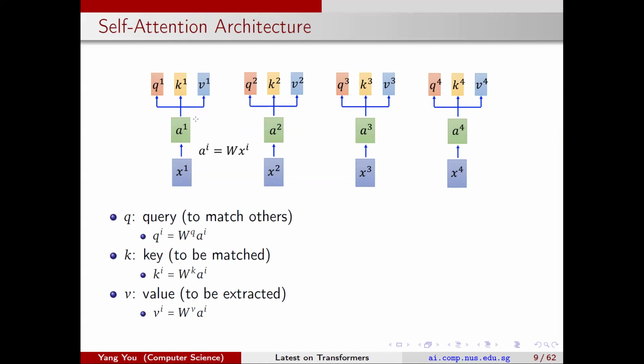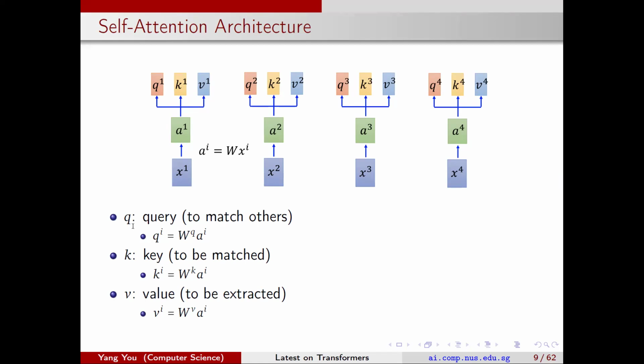Now in self attention, for each token we want to compute a query, a key, and also a value. The query is what we use to match others. The key is to be matched. The value is the real information of each token. Here we want to build a relationship between any of the input tokens.